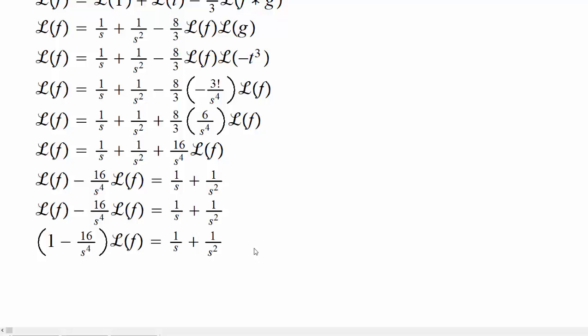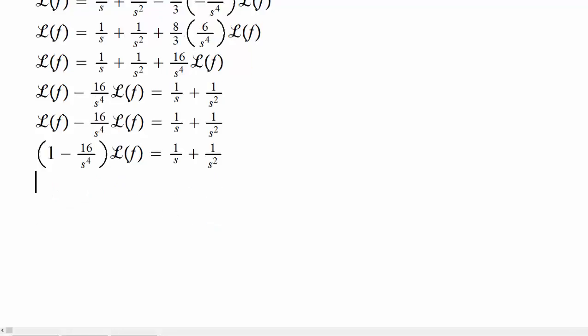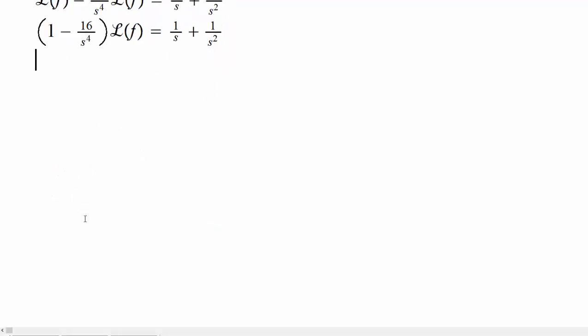That will equal this. Now going further, I'll take s to the 4 as common denominator.